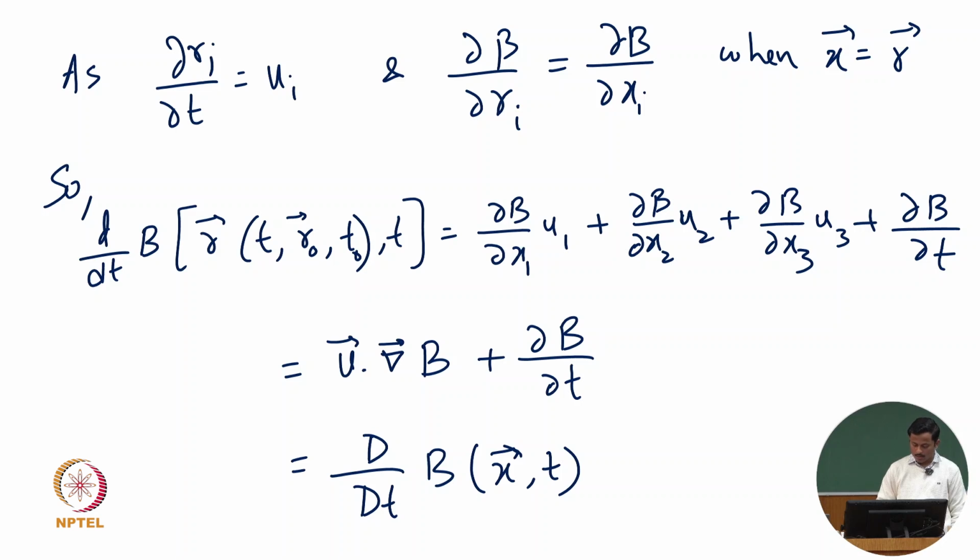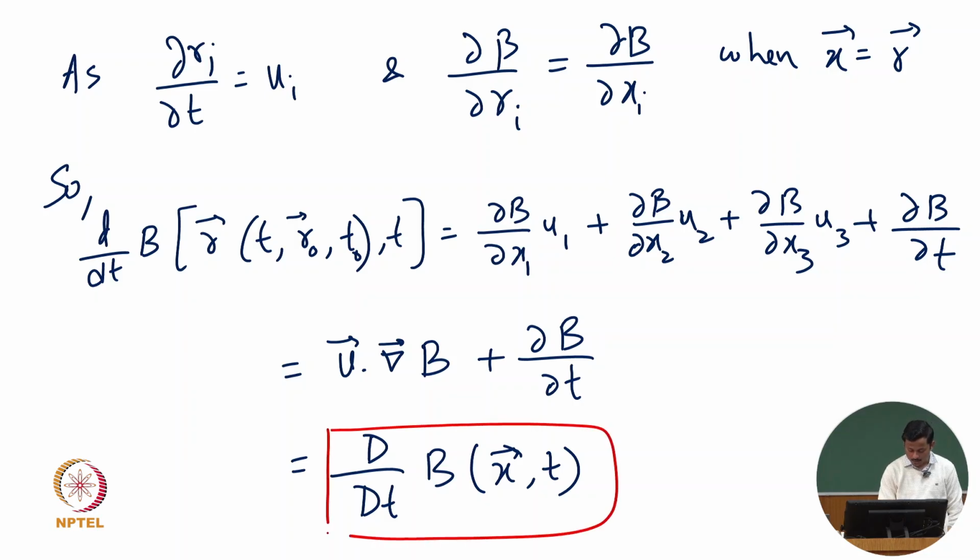So this is the total rate of change of this quantity with time. This is what we are trying to find out: how the rate of change of a certain quantity can be represented in the Eulerian frame of reference. So this is what we have arrived at.